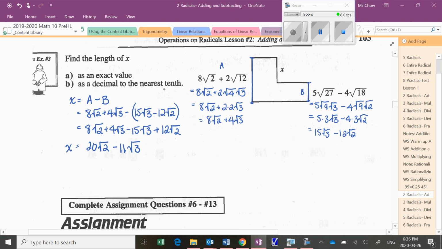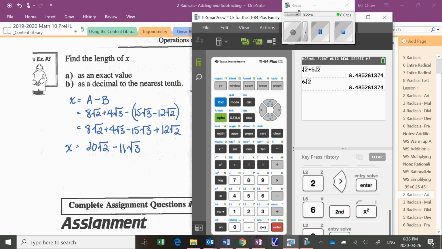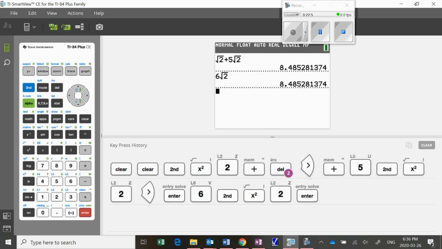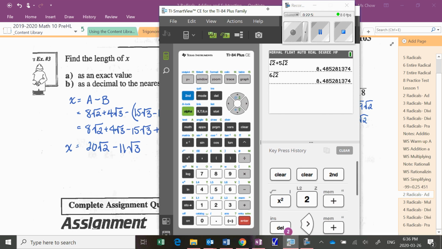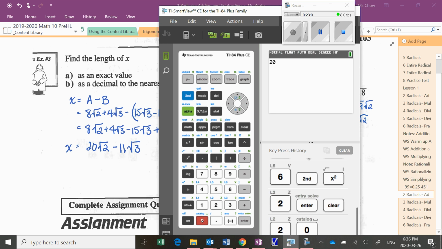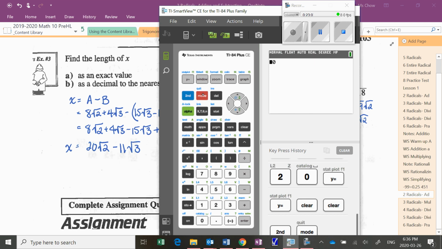If we want to find the decimal, then that's where we need to take out our calculator, and then, whoops, I need to minimize that, just bring it to the side there. So let's take a look. So we need 20, and that is, whoops, let's quit out of there.